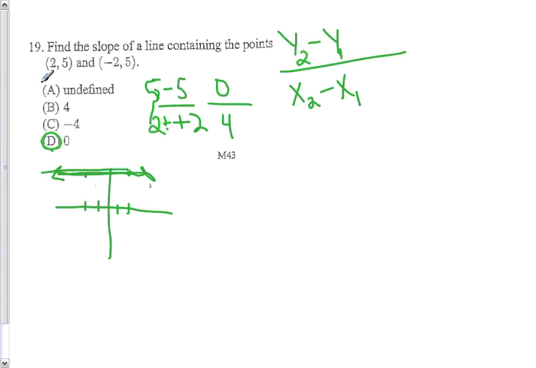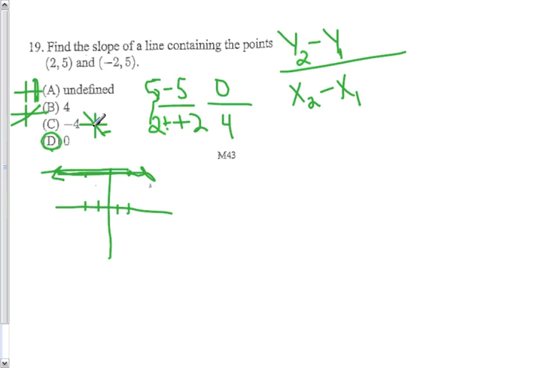An undefined slope would be a vertical line, a line going up and down. A positive slope would be a line that rises as you move across the coordinate plane, and a negative slope would be one that falls as you move across the coordinate plane.